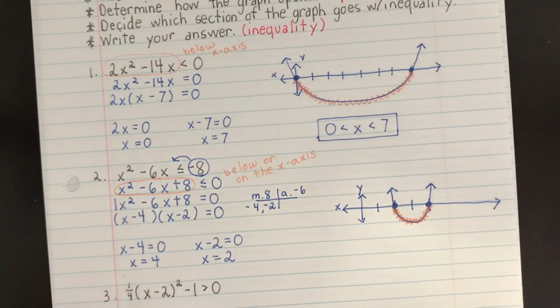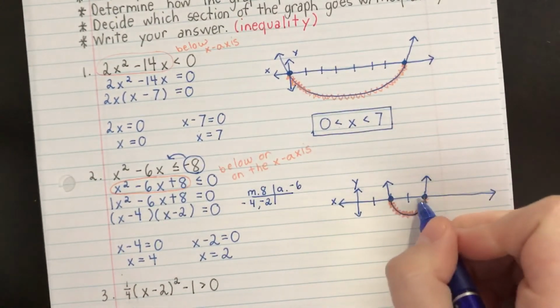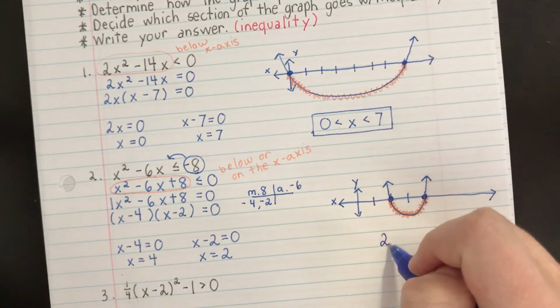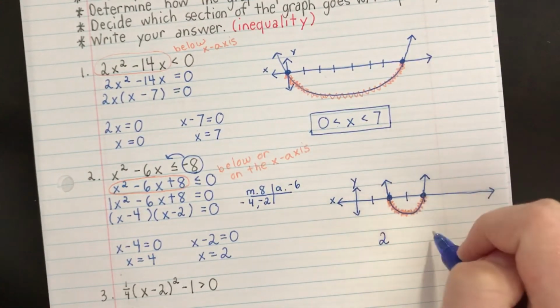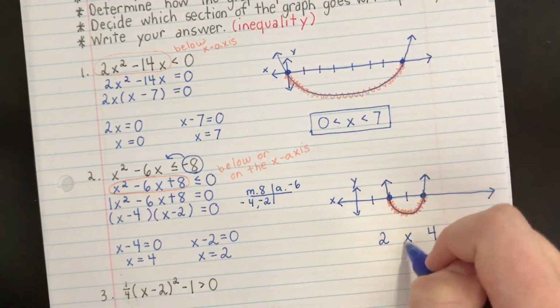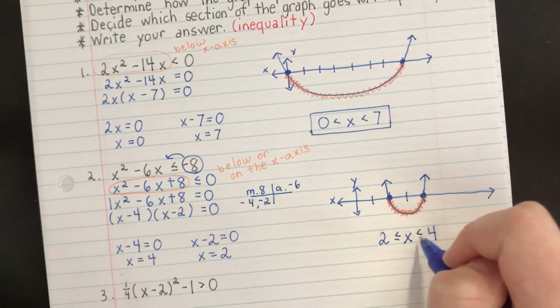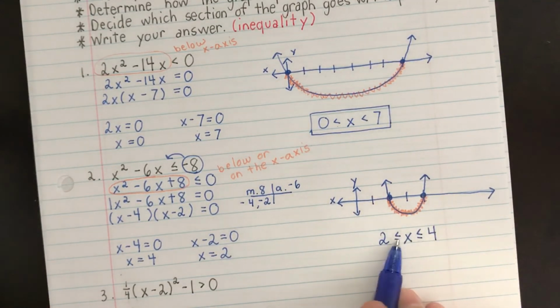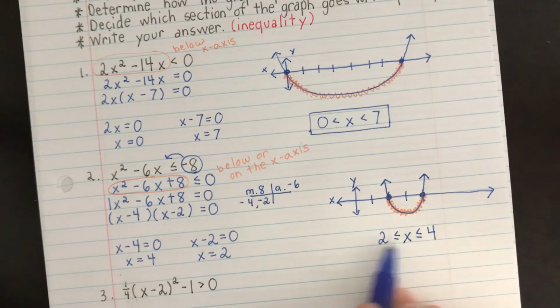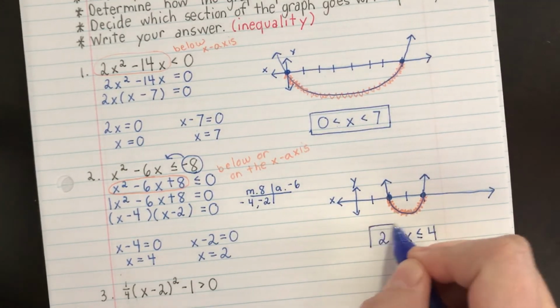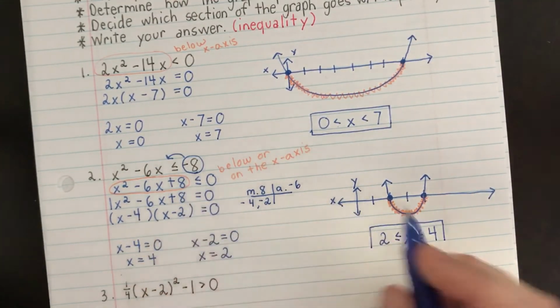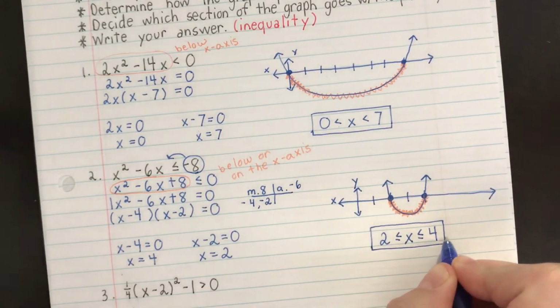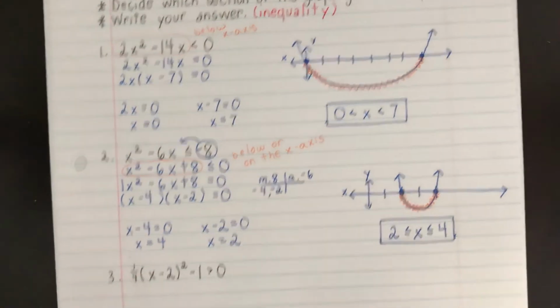So when am I below or on? I am below the x-axis or on the x-axis from x equals 2 to x equals 4. And I do include everything in between as well as those outer boundary numbers because it is or equal to in the problem. Okay, so that's my answer for that problem.